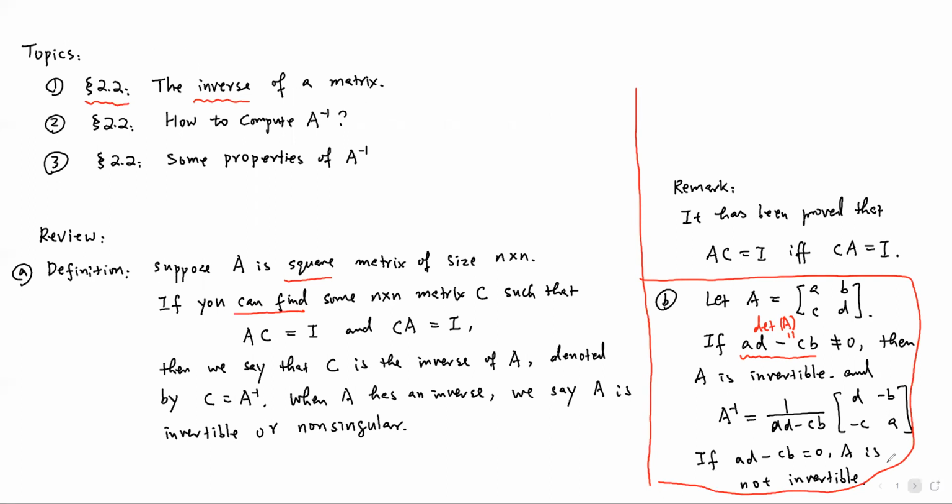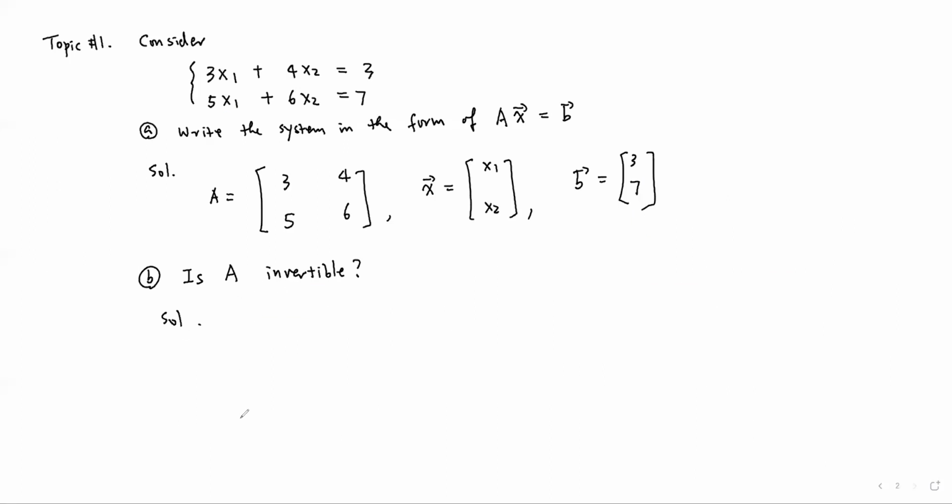To answer this question, let me compute the determinant of matrix A. By the formula, it is the product of the diagonal entries, 3 times 6, minus the product of the off-diagonal entries, 5 times 4.